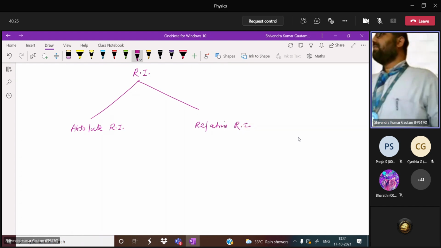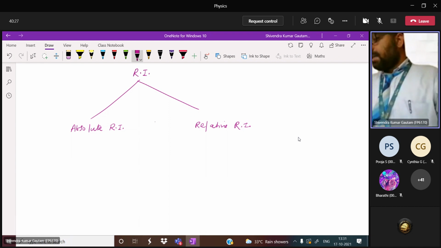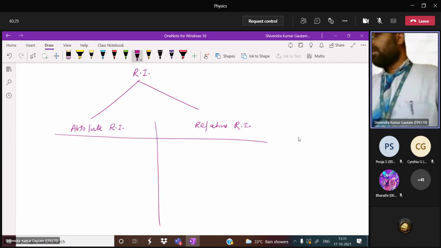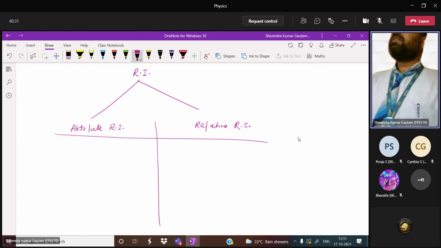See, absolute means what? Refractive index of a medium with respect to vacuum.